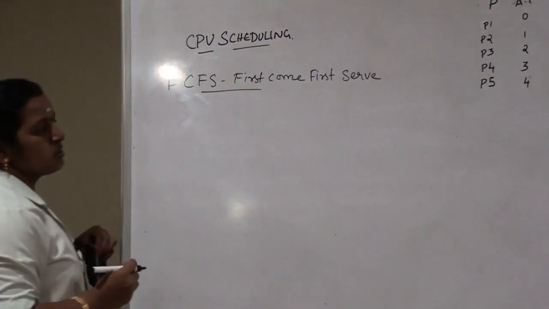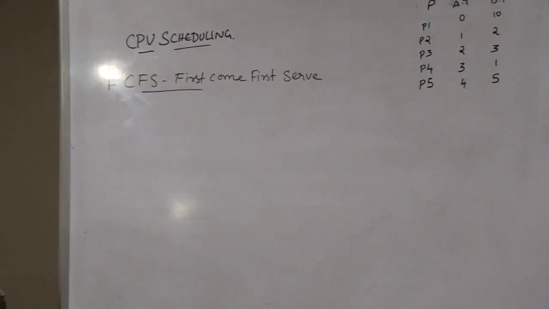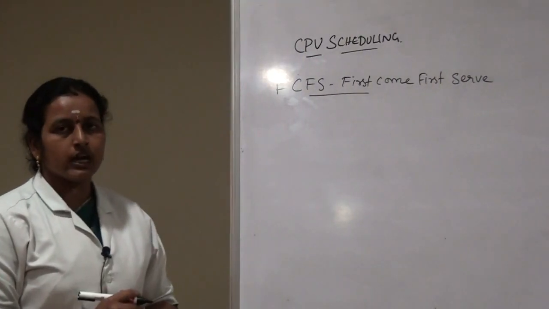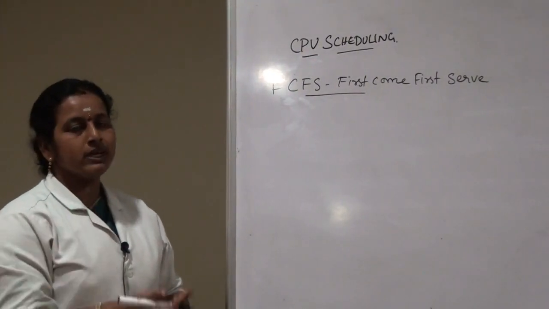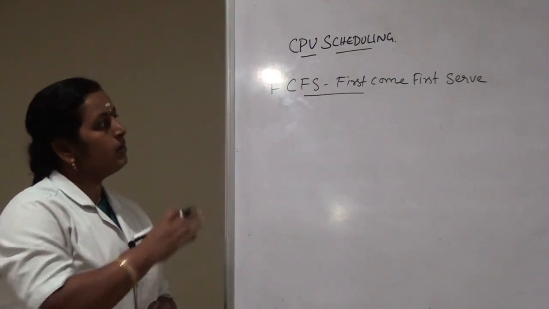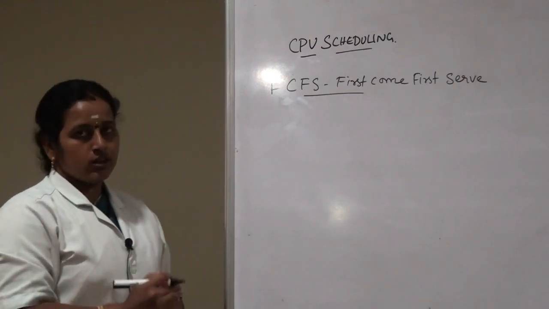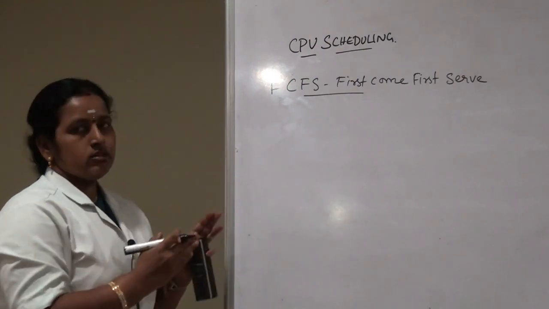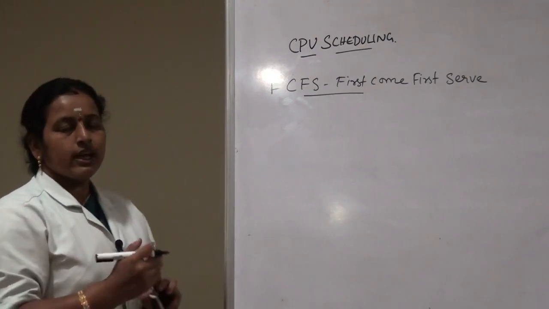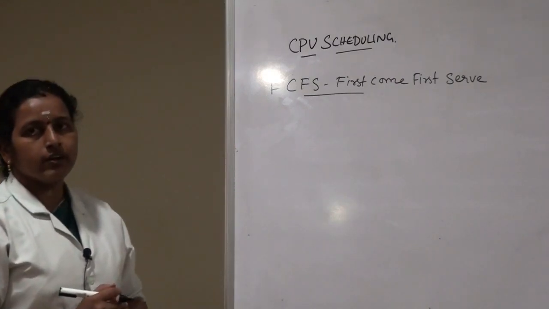In FCFS, if the problem does not consider arrival time, all the processes enter at the same time. If we consider arrival time, the processes are scheduled according to it. The first process which enters is processed first, then the second process is scheduled next, and so on in this order.